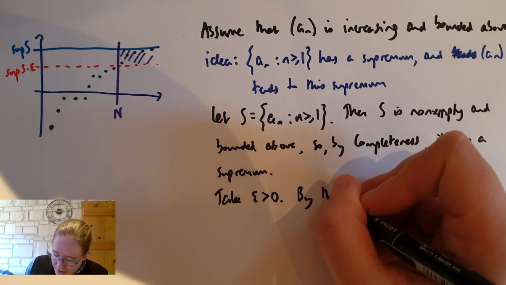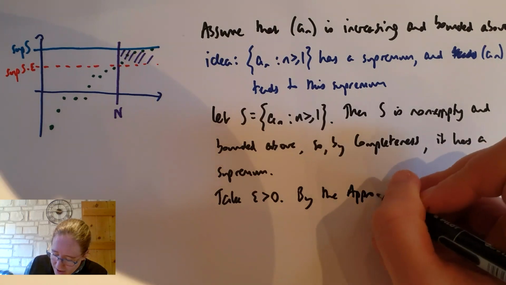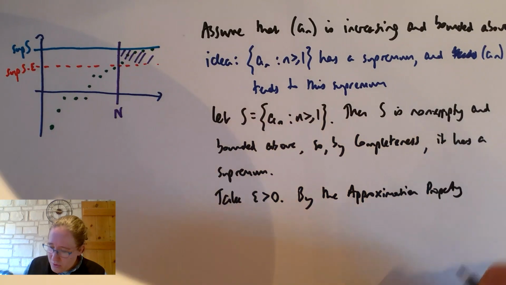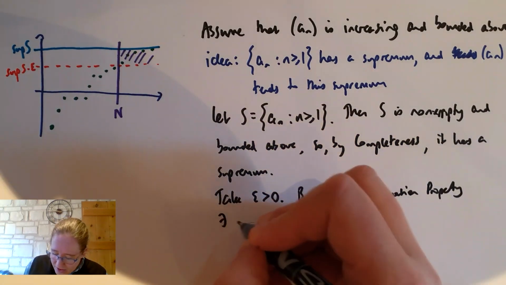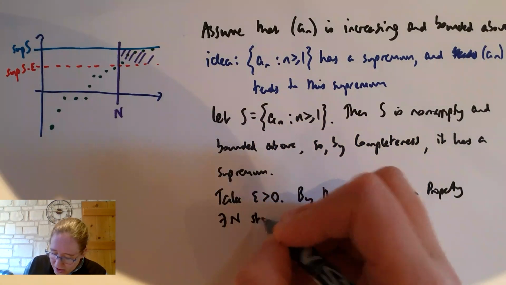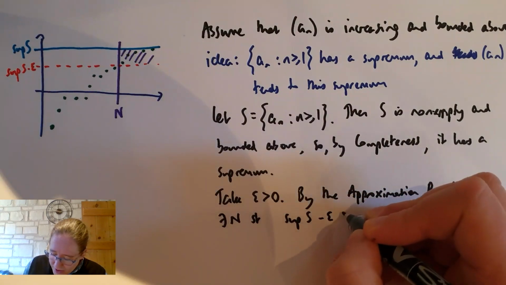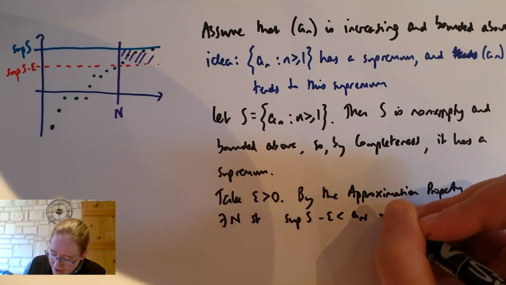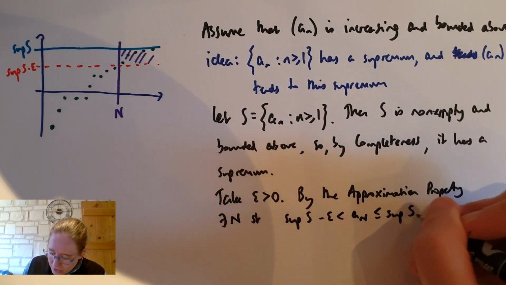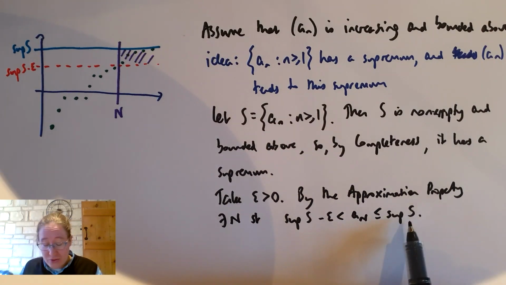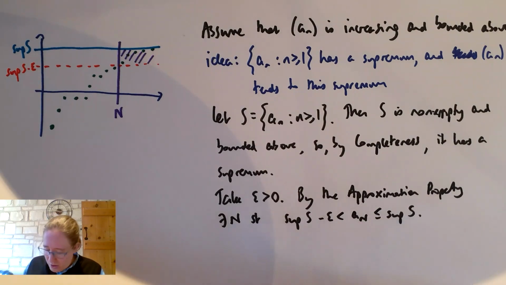So by the approximation property, again, you can remind yourself of that if you don't quite have it at the front of your mind at the moment, there exists an N such that sup S minus epsilon is strictly less than A capital N, which is less than or equal to sup S. So we know that there's one term that's within epsilon of sup S, but because of the increasing property, actually they all are.